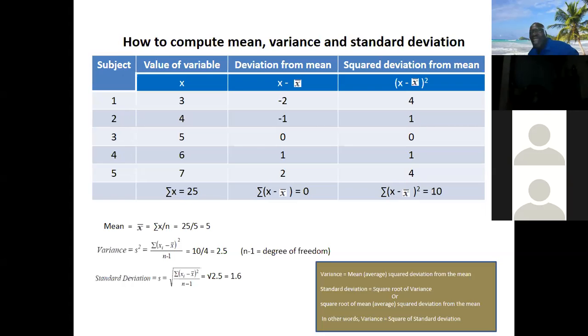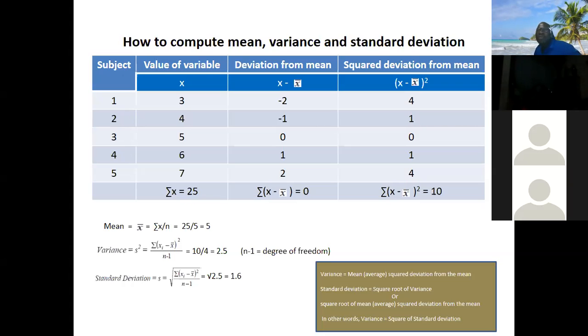Sometimes when you say n minus 1, that is only applicable when you are talking of a quantitative variable: the number of entities minus 1. If you are dealing with a categorical variable, you don't use the total sample size. You use the number of categories, because you usually categorize. We say sex, male or female, 2 categories.